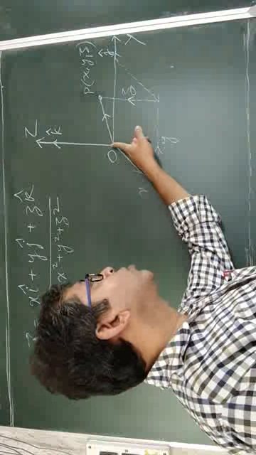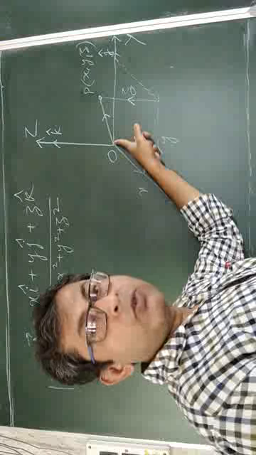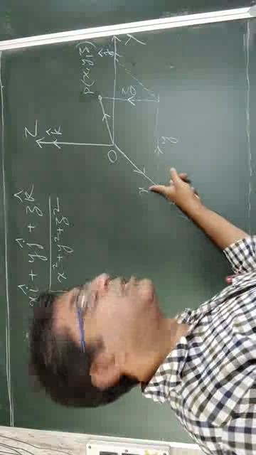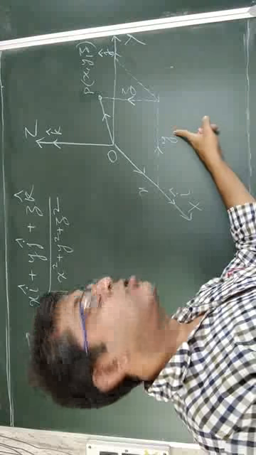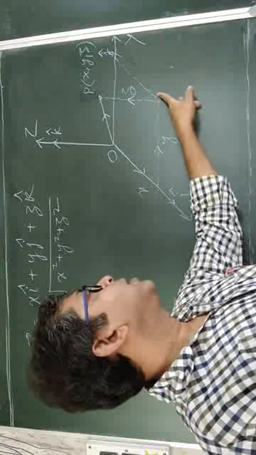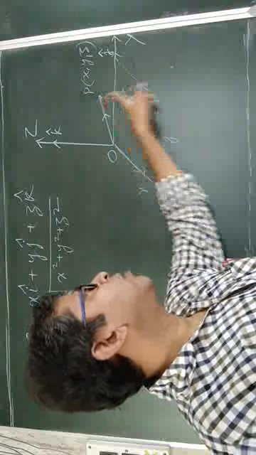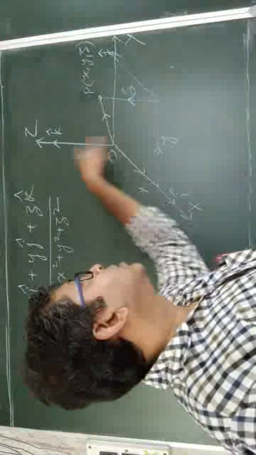To start the journey from O to reach P, we need to travel a distance of x along the x-axis, a distance of small y along the y-axis, and an upward displacement of small z along the z-axis.